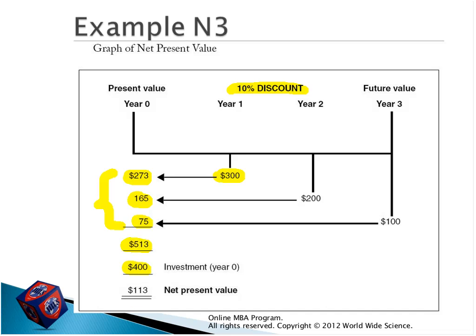So based on the net present value methodology, to make a decision, if our net present value comes with a positive amount, $130, then the project can be accepted on financial grounds.